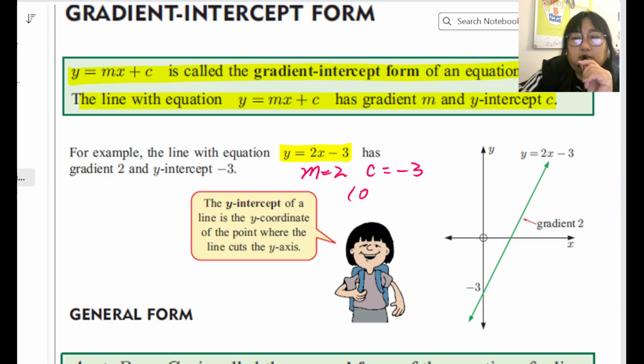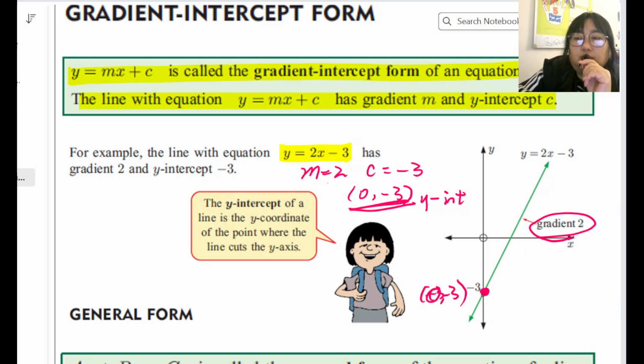That means it will go through 0, negative 3, which is the y-intercept, and the gradient will be equal to 2. So now we see this graph. C is negative 3, so the y-intercept is 0, negative 3. And then the gradient is equal to 2. Then I got this straight line, y equals 2x take 3.